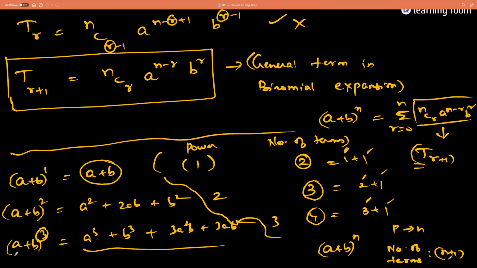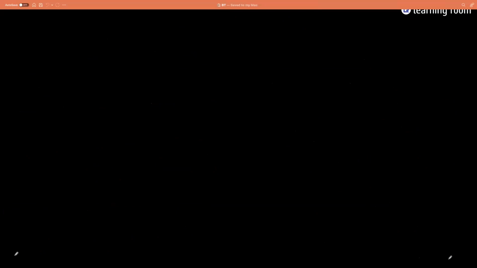When it is n plus 1, listen to this carefully. If in the place of n, I substitute an even number, then what will happen? When n is even, how many terms will I have?